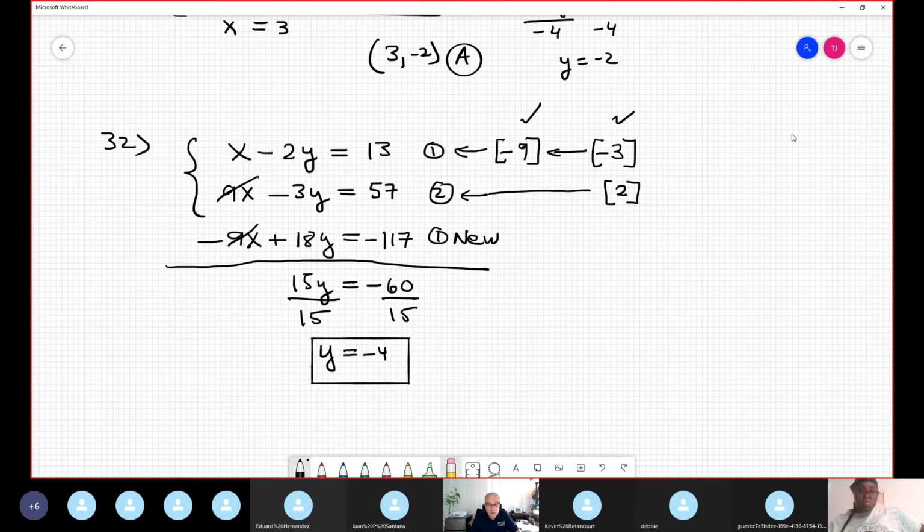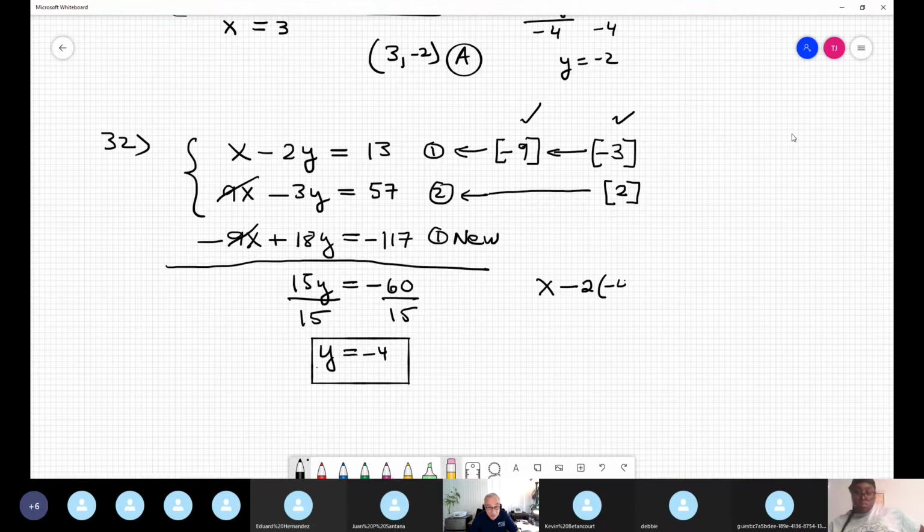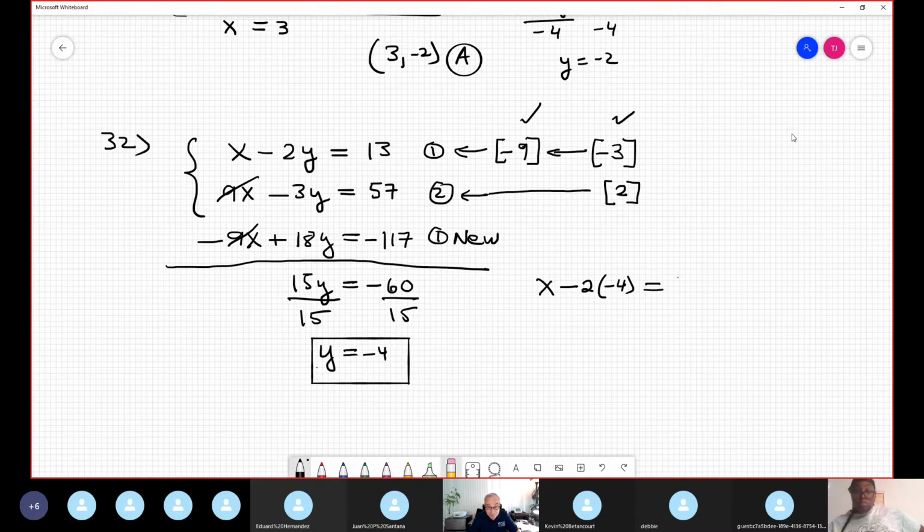If you want to get the x value, well, you again select the equation que yo consider easy, in my opinion, is the first one again, and substitute y for negative 4. Entonces x minus, be careful with the sign. Be careful. Because y value is negative 4.